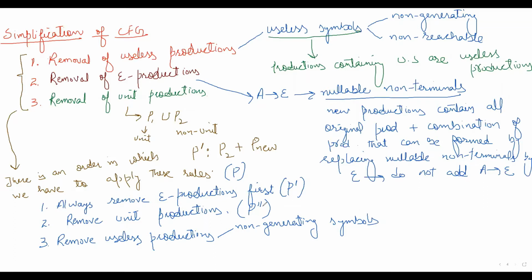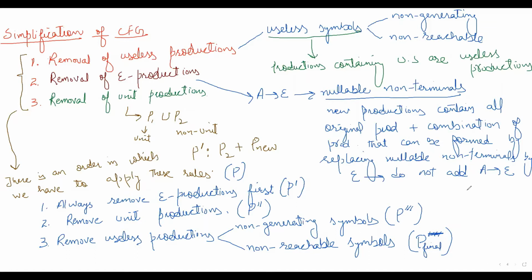That means from this P double dash, we have to remove these symbols to get new production rules, that is P triple dash. Now from this P triple dash, you have to remove those productions which contain non-reachable symbols. And finally, we will get a grammar that will have these production rules, P 4 times dash, or you can say P final.